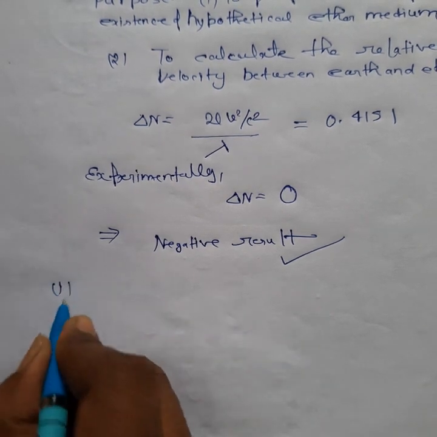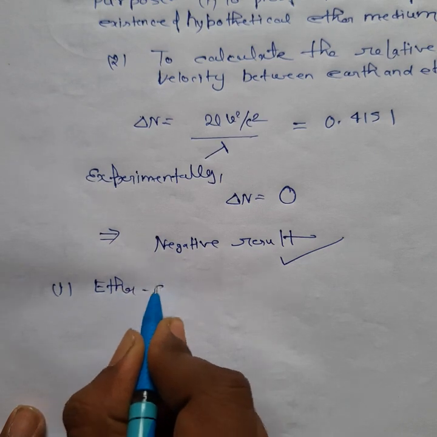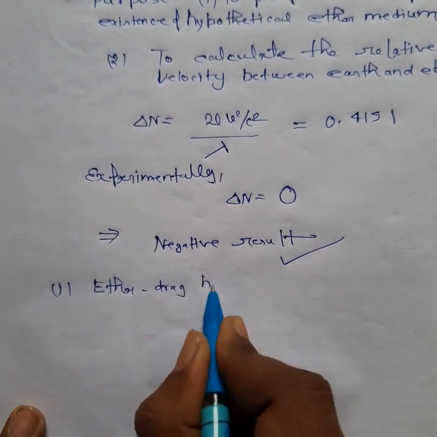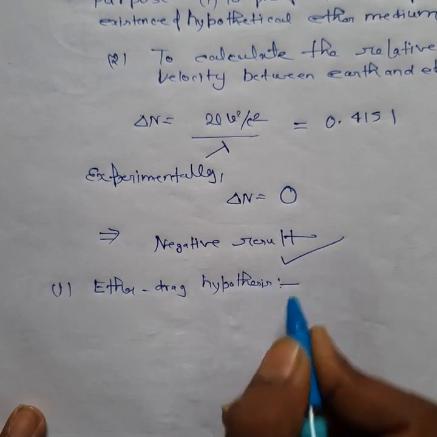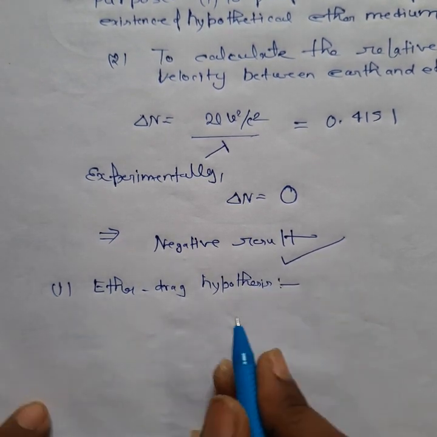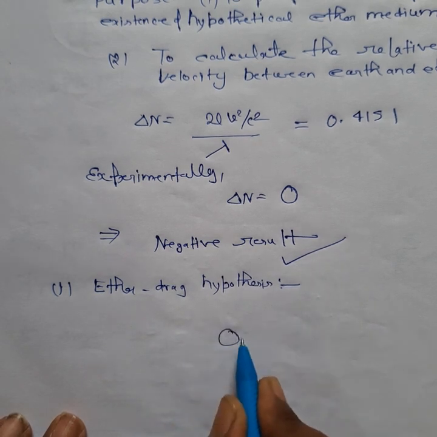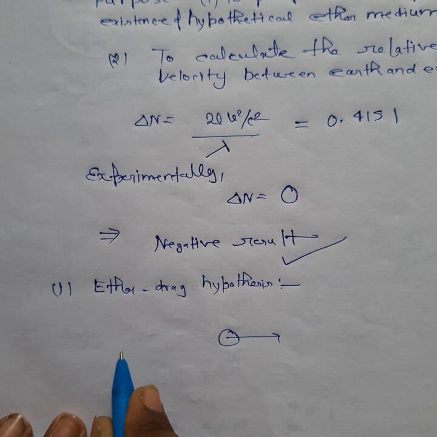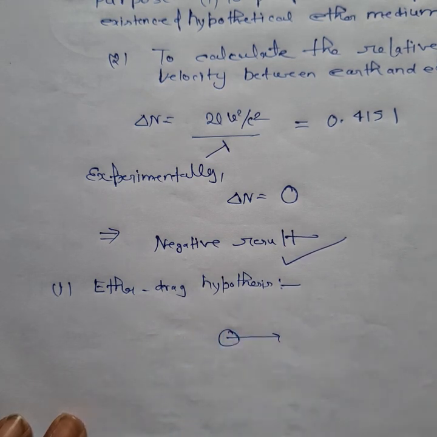The first explanation was the ether drag hypothesis. According to this explanation, it was considered that when Earth moves across the ether, it drags the ether along with its motion.